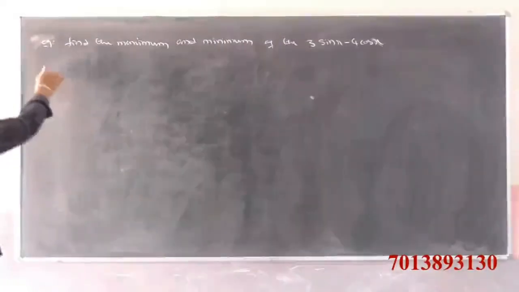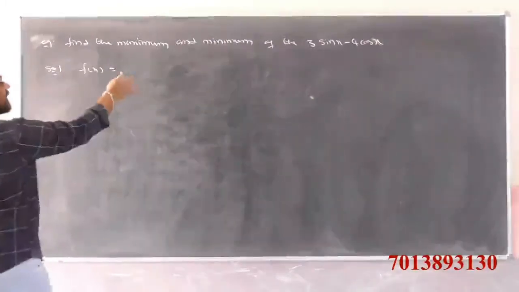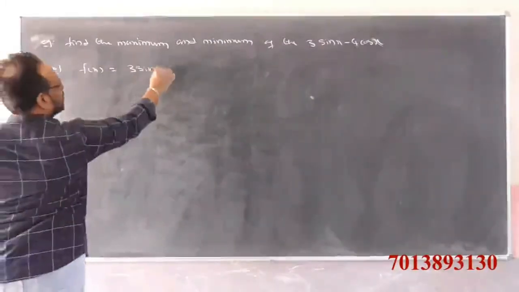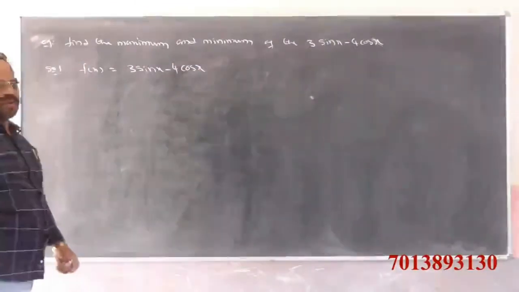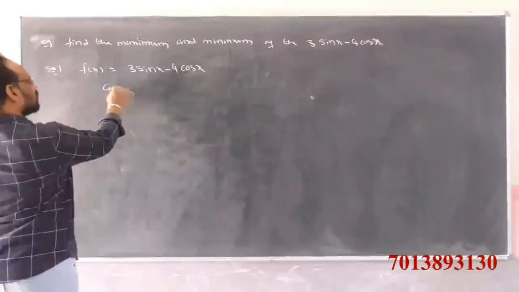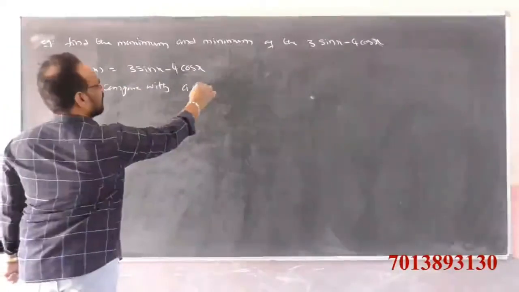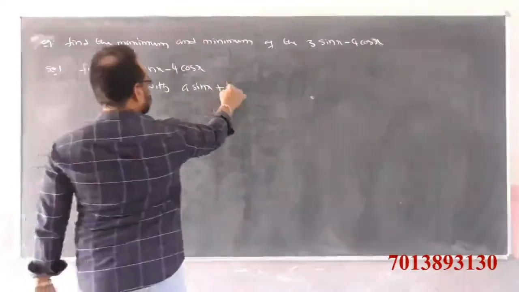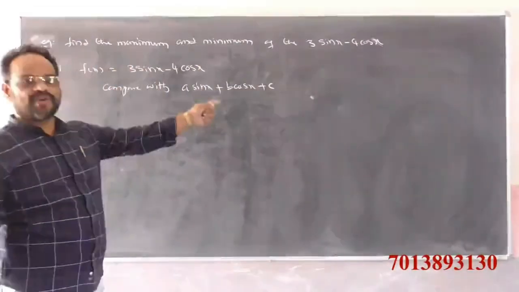Solution. Given function f of x is equal to 3 sin x minus 4 cos x. Compare with a sin x plus b cos x plus c.